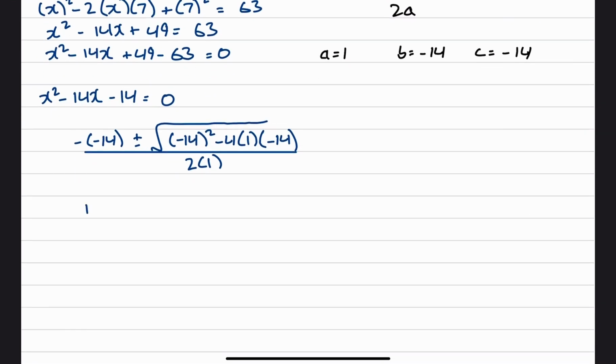Simplifying this, we get 14 plus minus under root 14 squared, which is 196, plus, since minus 4 times minus 14 gives a positive answer, 56, over 2.